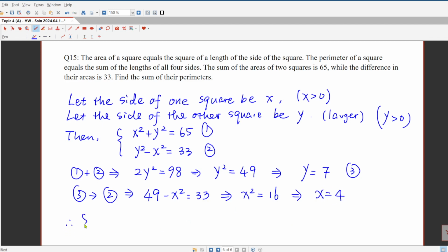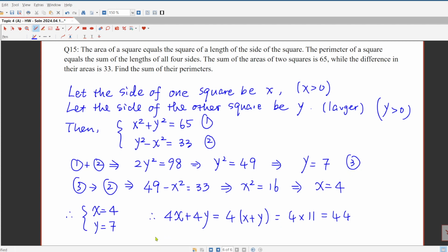And therefore, the only solution is x equals 4 and y equals 7. And we want to find the sum of their perimeters, which means we need to find 4x plus 4y, right? Which equals 4 times (x plus y), which is 4 times 11, which is 44, right?